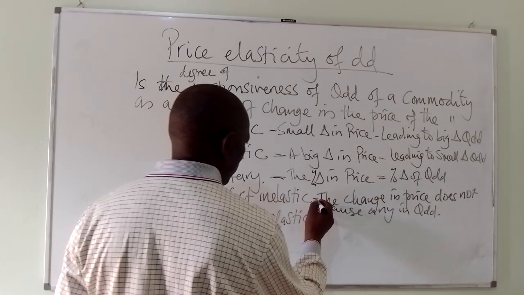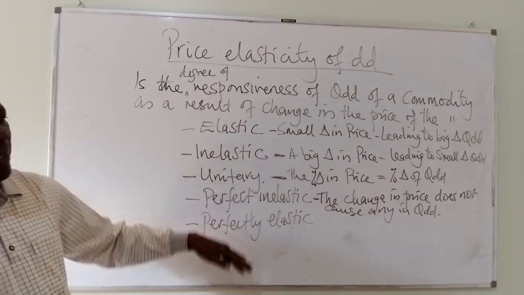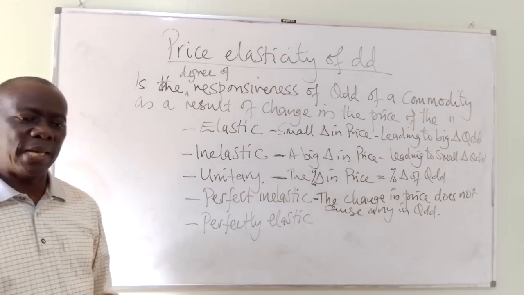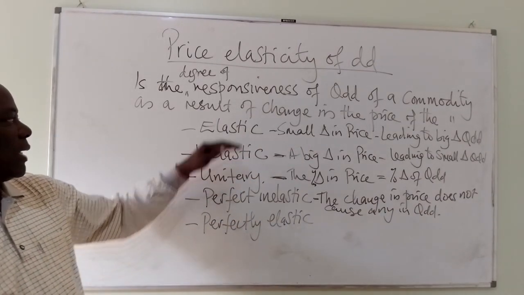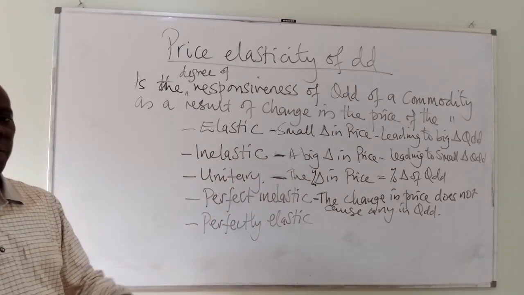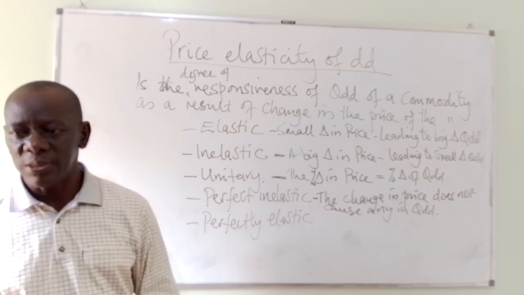So we shall look at them when we are looking at the figures. But at this level, we want to find out that when I say it is inelastic, what does it mean? Inelastic means that a big change in price will not lead to a big change in the quantity demanded.